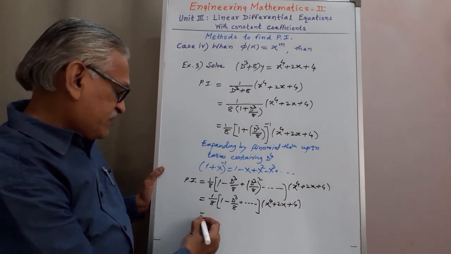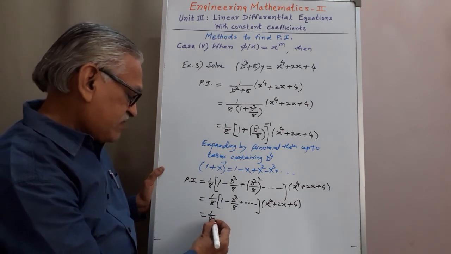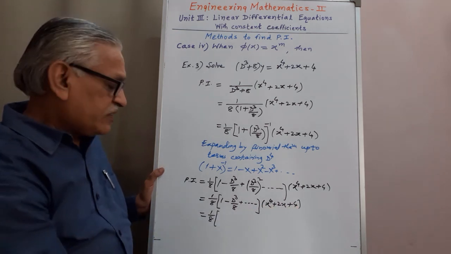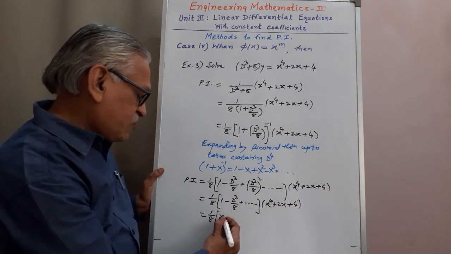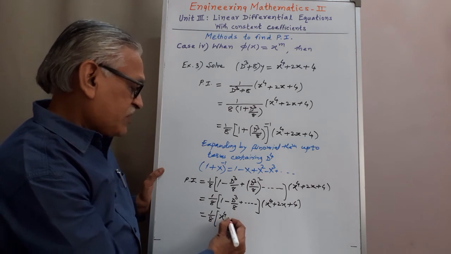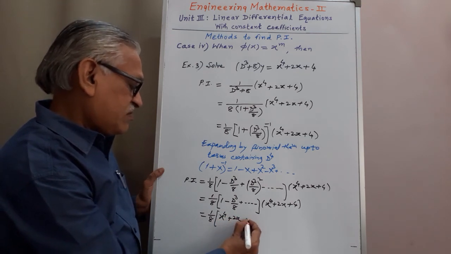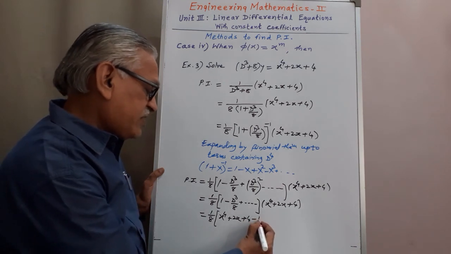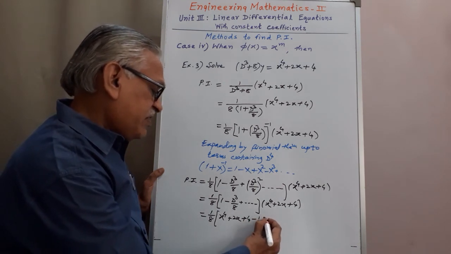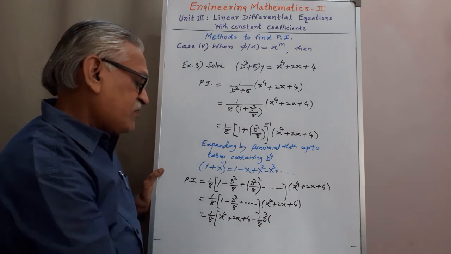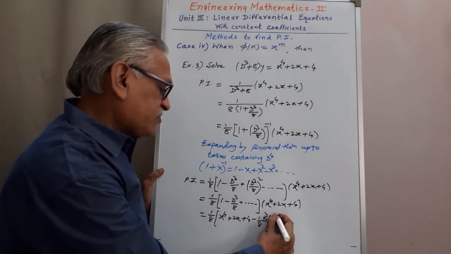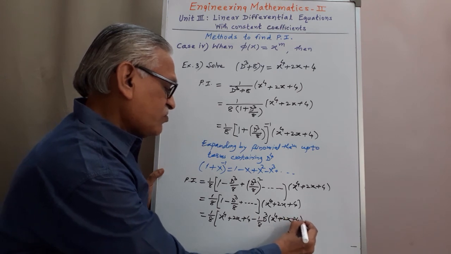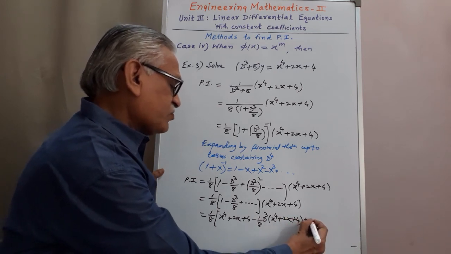Multiplying and then operating, 1 into this we get x raised to 4 plus 2x plus 4 as it is, minus 1 by 8 D cube of that term, x raised to 4 plus 2x plus 4, and so on.